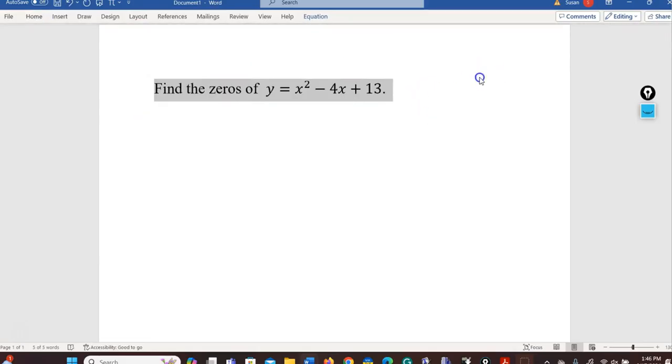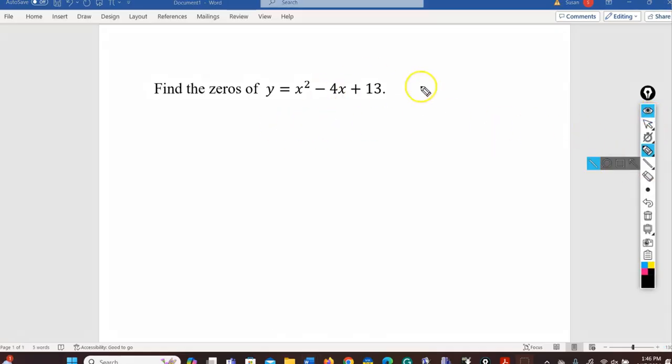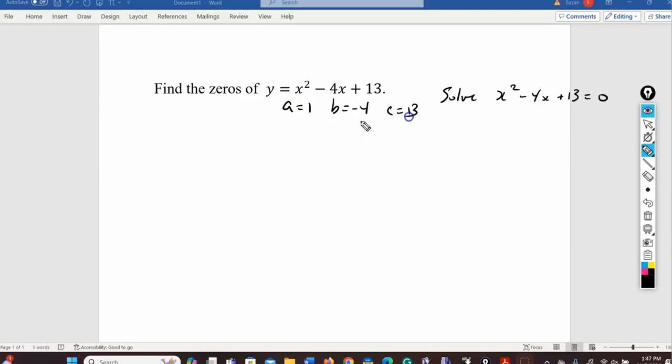Okay, let's find the zeros of that. So that's the same thing as telling you to solve, in other words, solve x squared minus 4x plus 13 equals 0. So you can use the quadratic formula. A is equal to 1, B is equal to negative 4, C is equal to 13.